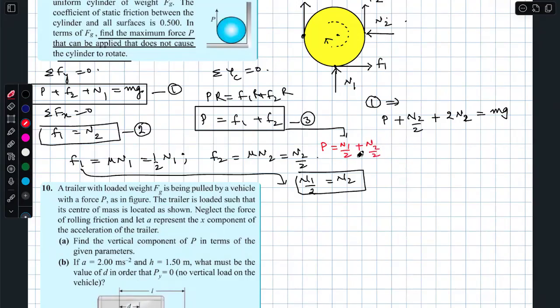By writing N1/2 as N2, this can be written as 3N2/2. So therefore, from these two equations, you can conclude that 3N2/2 plus 5N2/2 is mg. 4N2 is mg, or N2 is mg/4. N1 is 2N2, mg/2.